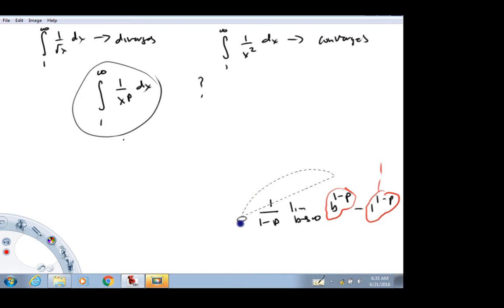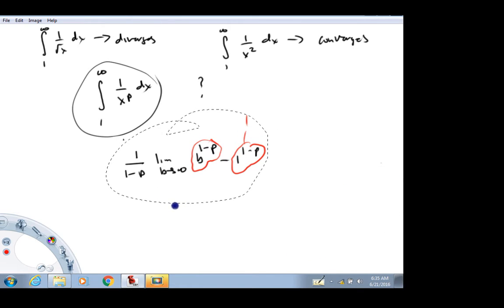And again, this is the really important thing right here now. The big thing you have to remember is we're taking the limit as b goes to infinity. This thing here can be thought of as a fraction. In order for this thing to converge, the b has to end up on the bottom.